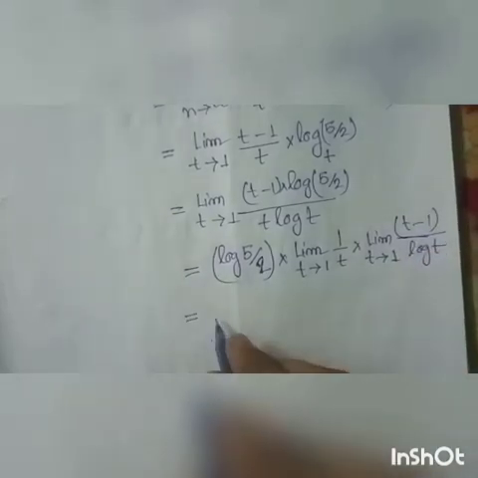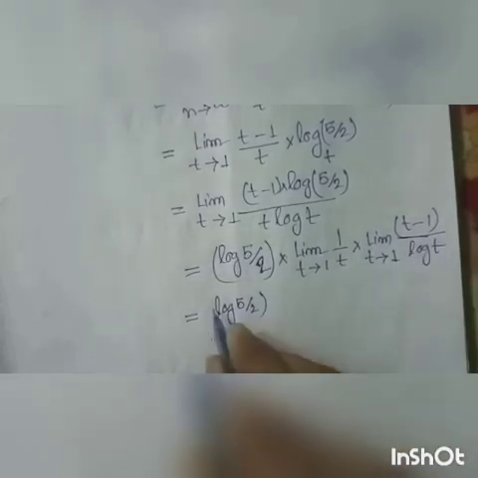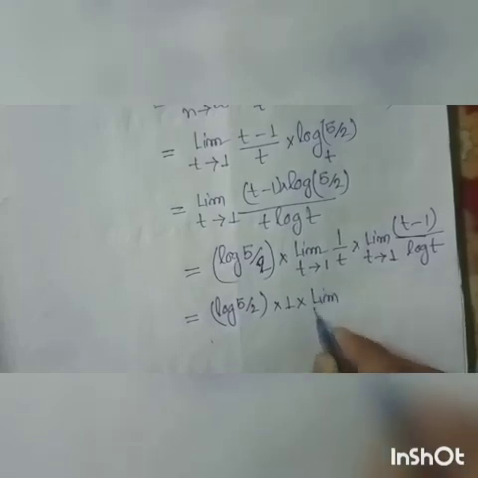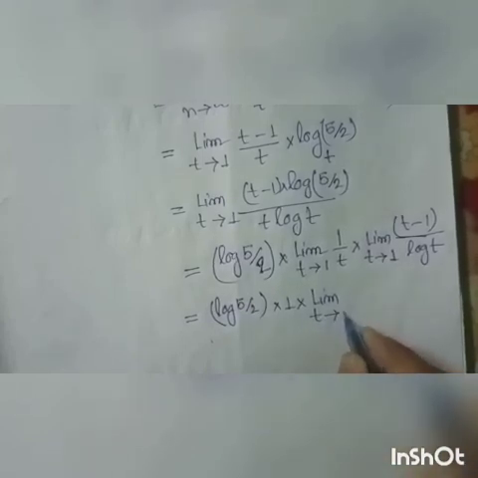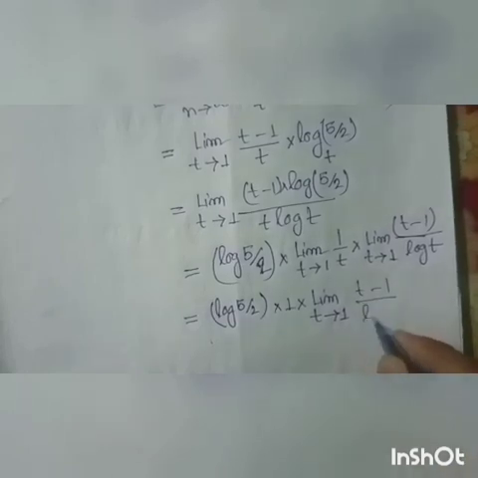So in the next line it will be log 5 by 2 into 1 into limit t tends to 1 (t minus 1) by log t.